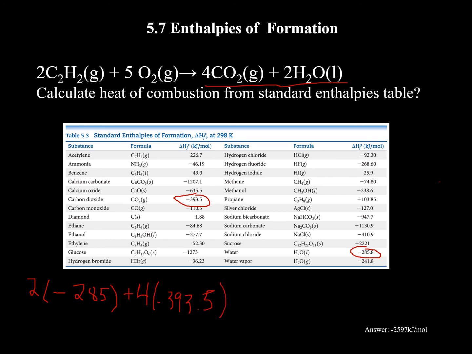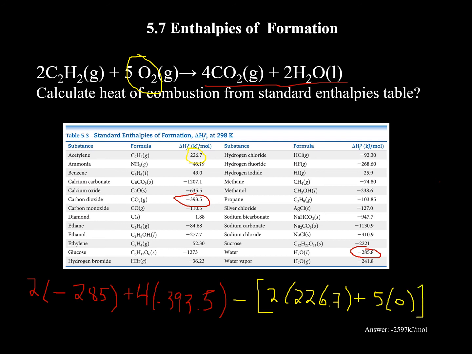And so that's the products minus the reactants. The reactants consist of 2 C2H2, so 2 times 226. And O2, as I mentioned earlier, will have a value of 0.